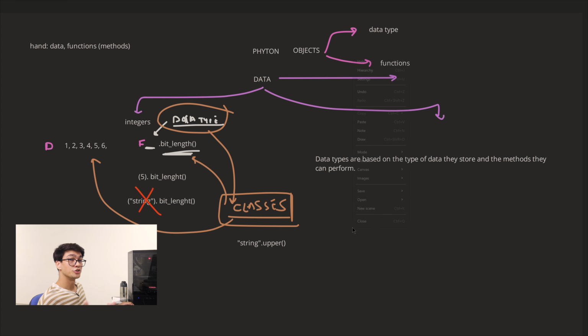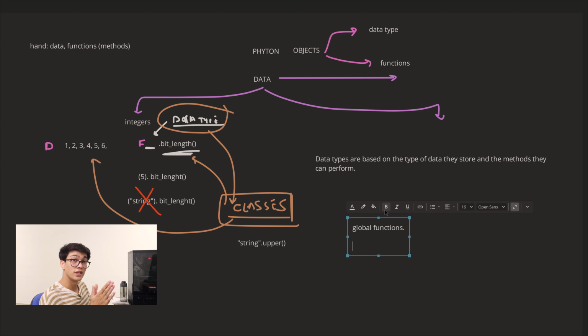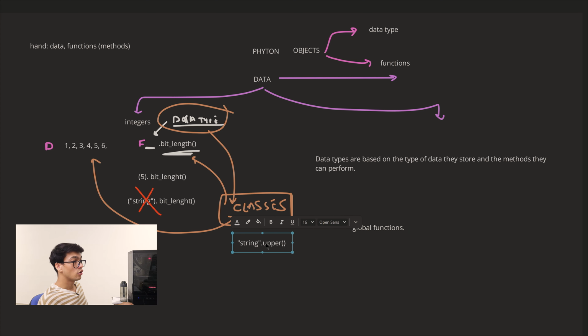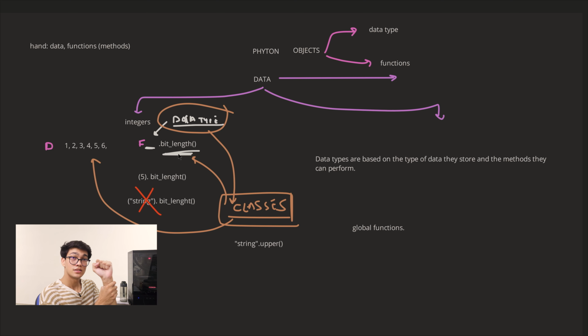We also have global functions, and we call them global functions because they can be performed globally, they are stored globally. I told you everything here is an object, right? And objects store data and their functions. If I'm saying this hand is an object, it has its data first, and it has its functions stored in this object.